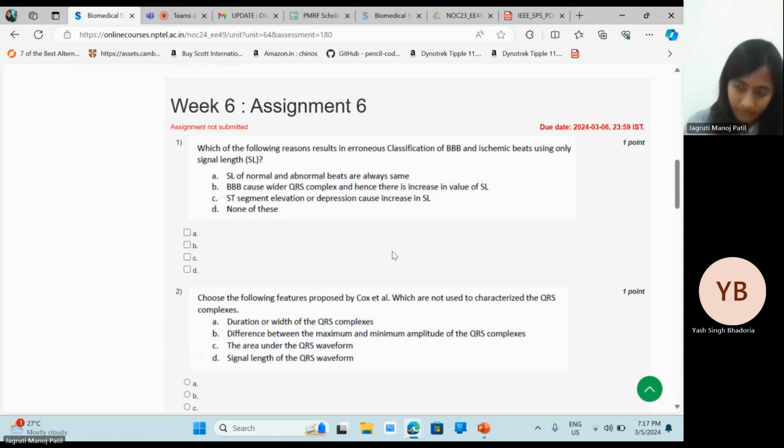So the option A, normal and abnormal beats are always the same. Is there any spectrum of normal and abnormal beats so that I can compare things related to signal length or any further statement?